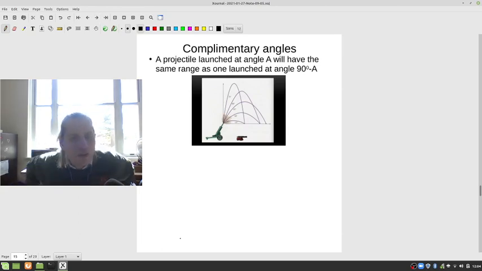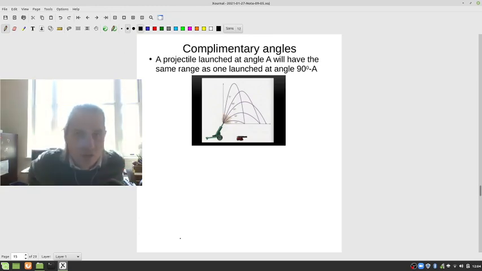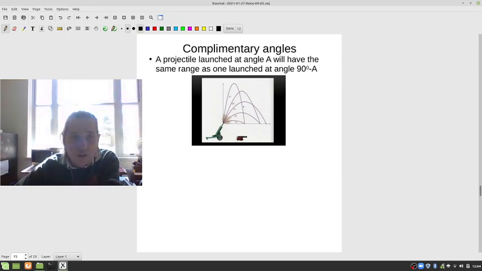An interesting theorem that you can prove using basically the setup that I showed you 2 slides ago is that a projectile launched at angle A will have the same range as one launched at angle 90 minus A. So here, for instance, at the shortest place, you have 15 degrees and 75 degrees.